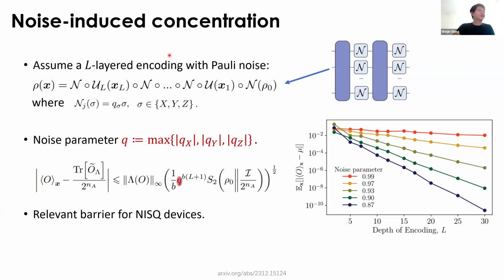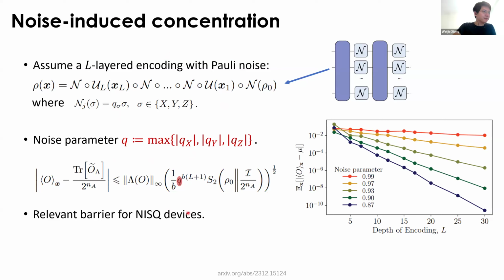The final source of concentration is the noise-induced concentration. In that case, we assumed layered encoding with Pauli noise, and we define the noise parameter as the maximum of this prefactor. Then we obtain a deterministic bound.